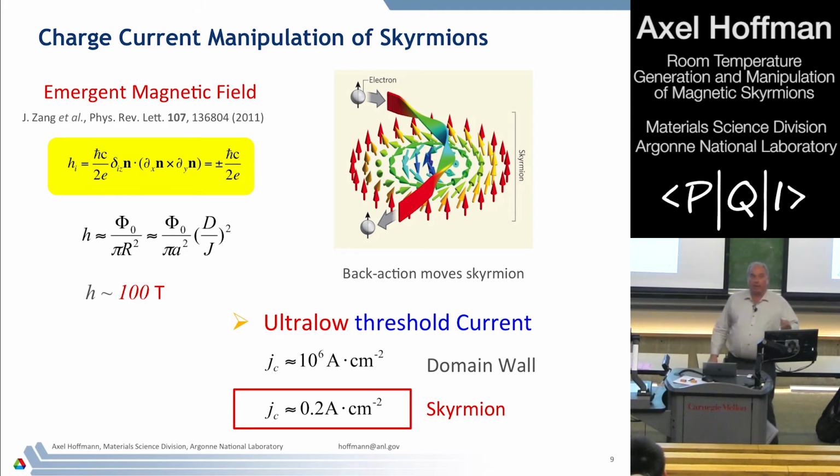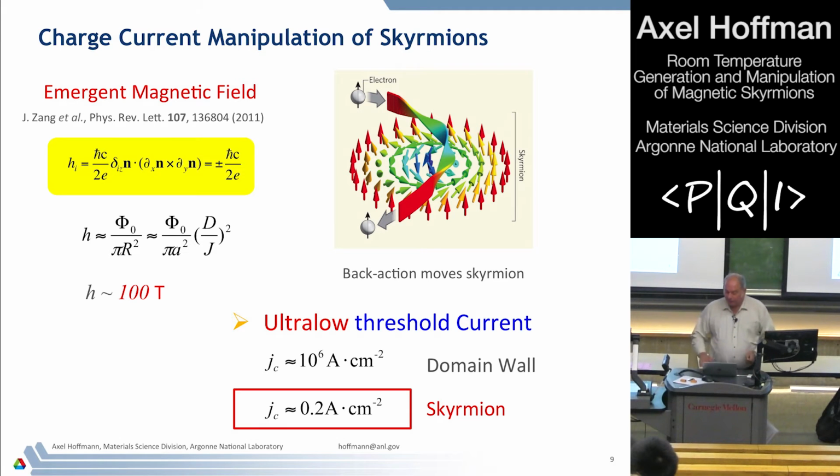In fact, if you look at bulk materials, you can see that the current densities needed to move skyrmions are 5 to 6 orders of magnitude smaller than what you need to move magnetic domain walls in thin film structures. So that's how people got very excited about the possibility to move skyrmions with very small currents.